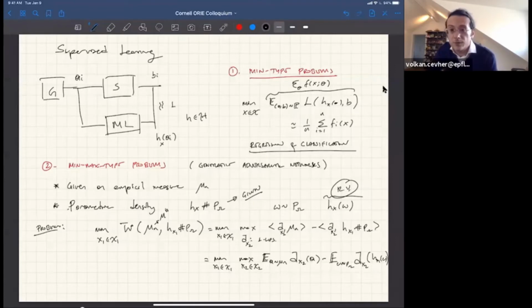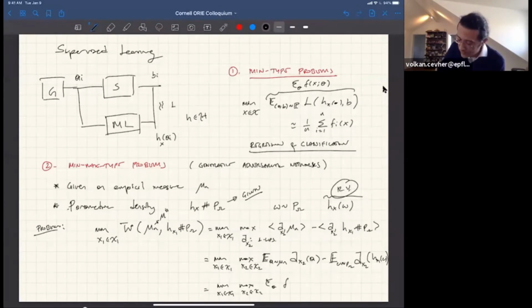So this will be our problem. Now, as you can see, in this particular form it is min over x1 in X1, max over x2 in X2, of an expectation, right? So we're going to have theta of x1, x2. So this will be our min-max problem. All right, is this clear? I'm going to assume it is.